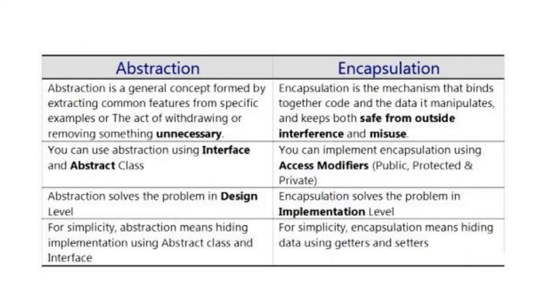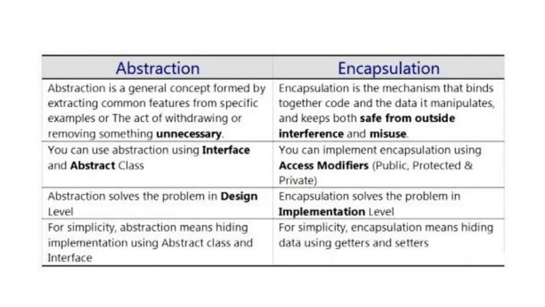Now, abstraction and encapsulation. Let us try to create a very simple distinction. Abstraction is a general concept formed by extracting common features from specific examples, or the act of withdrawing or removing something that is unnecessary. Encapsulation, again, is a mechanism that binds together code and the data it manipulates, and keeps both data as well as code safe from outside interference or misuse.